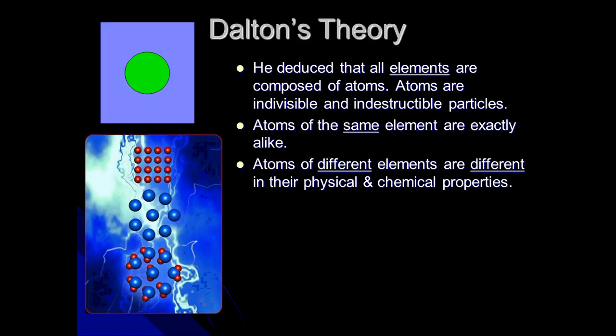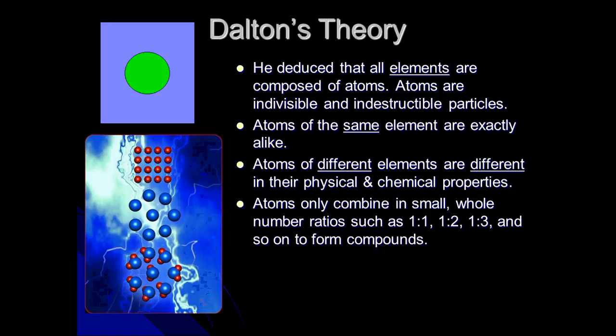In order to burn a fire, there needs to be oxygen, but if you have pure oxygen, stuff is going to burn much better than if you don't have pure oxygen present. So different atoms have different physical and chemical properties, which we did talk about in the last unit. All right.